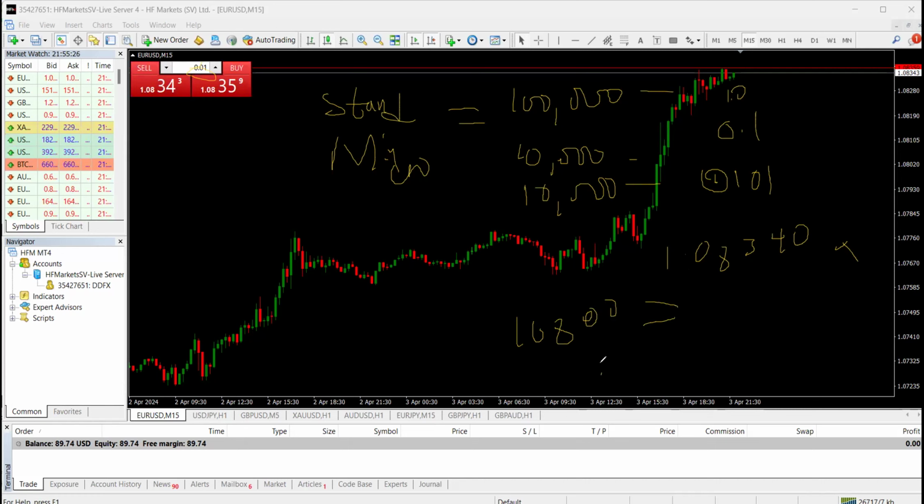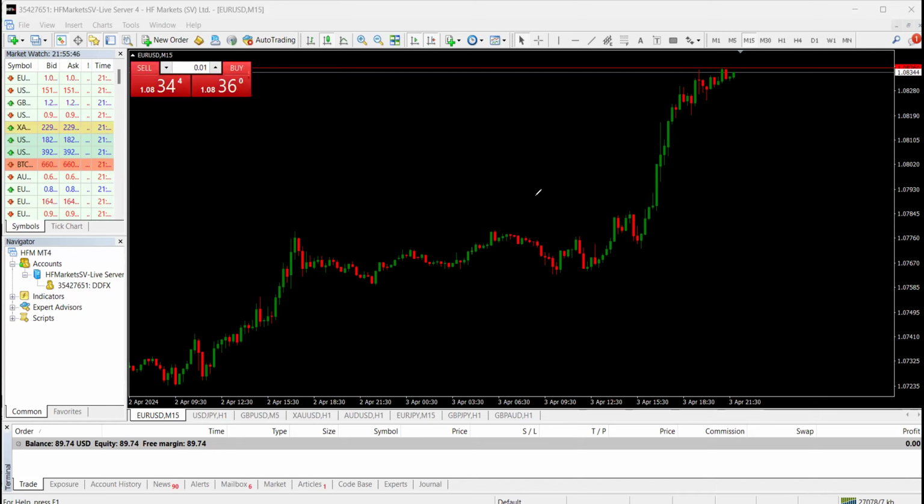And then you have, let's say, $100 in your account. The question is, can you use $100 to buy 10,000 units of an asset that costs 1.08? No. So the broker gives you that leverage to operate in. And leverage is good, at the same time it's bad. We have leverage from 1 to 1, and some brokers offer as high as 1 to 1,000.